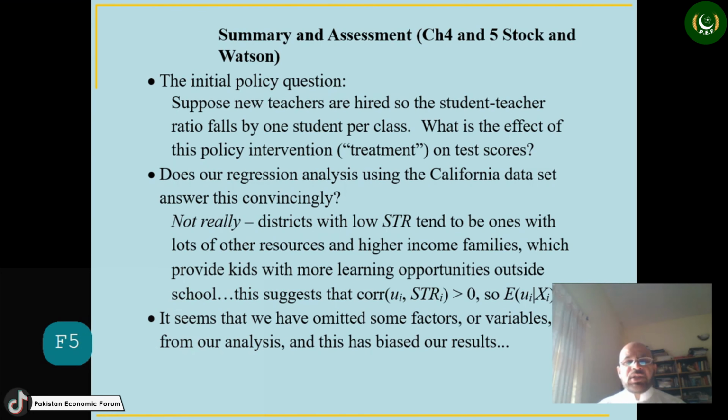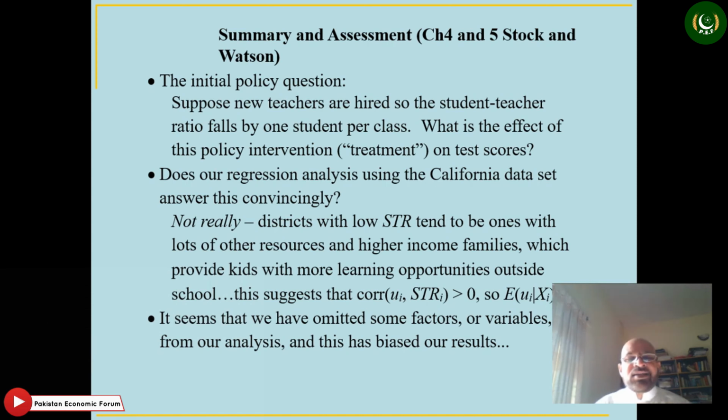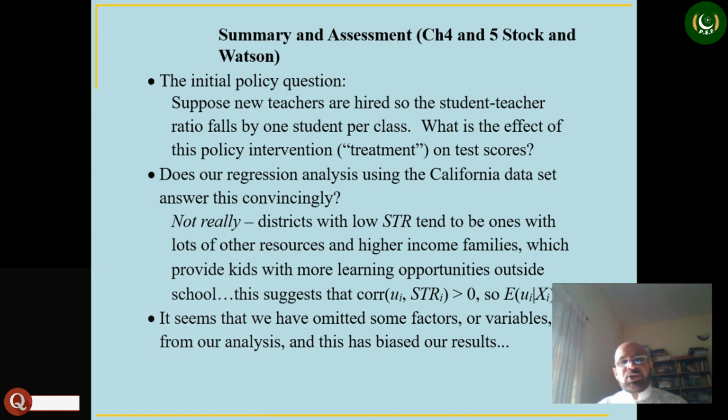What was our policy question? Whether class size or student-teacher ratio reduction will lead to improvement in test score. There can be many other factors affecting both student-teacher ratio as well as test score.